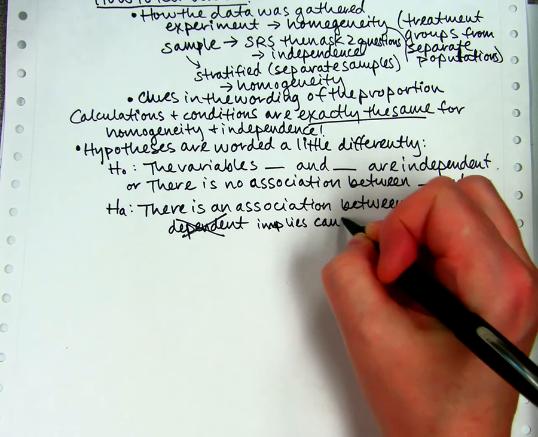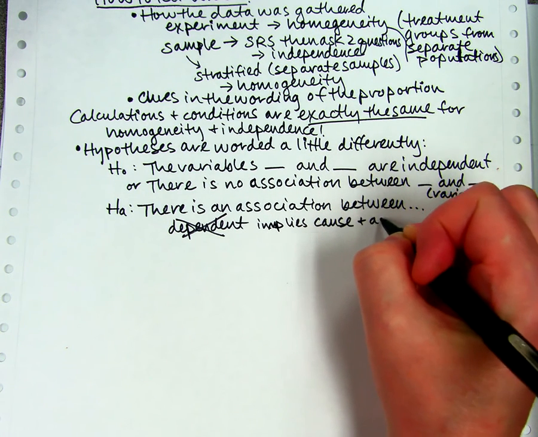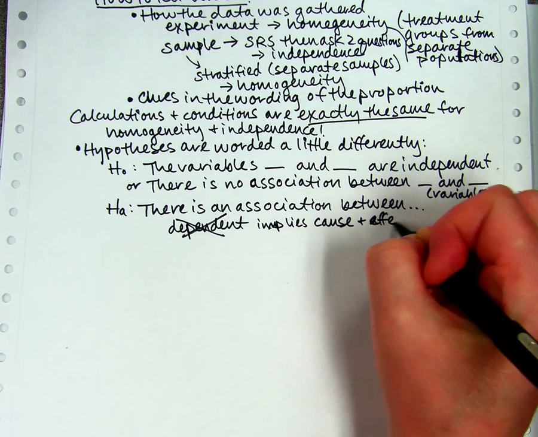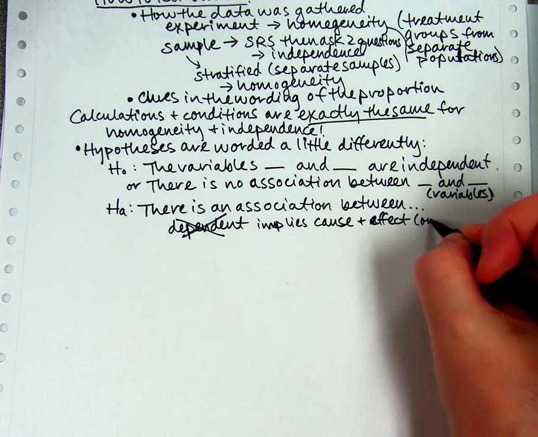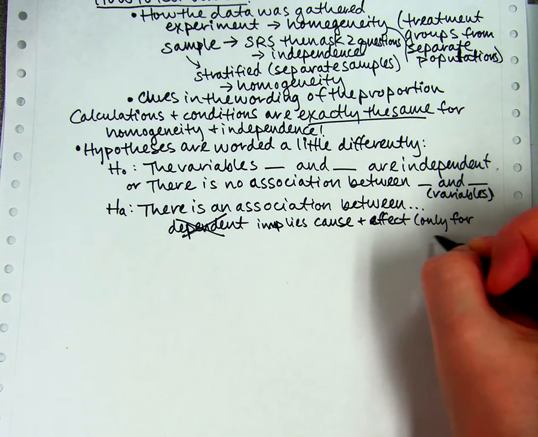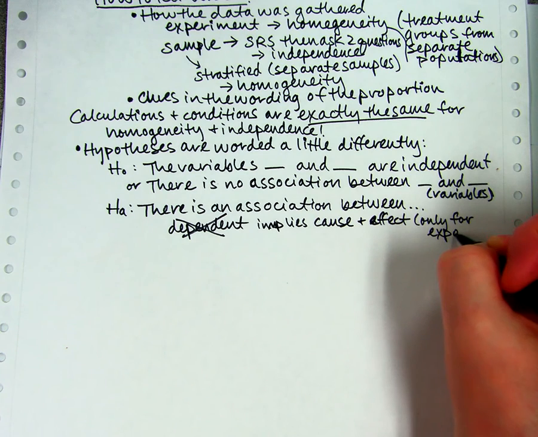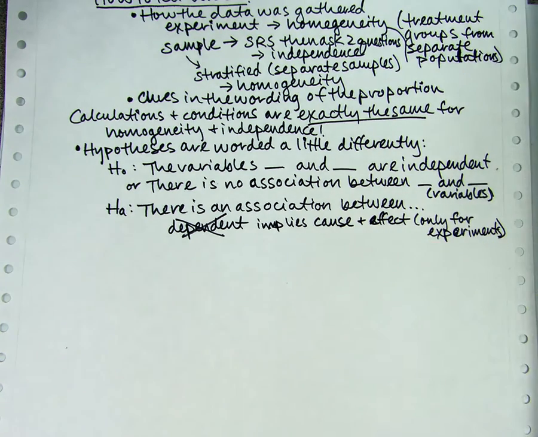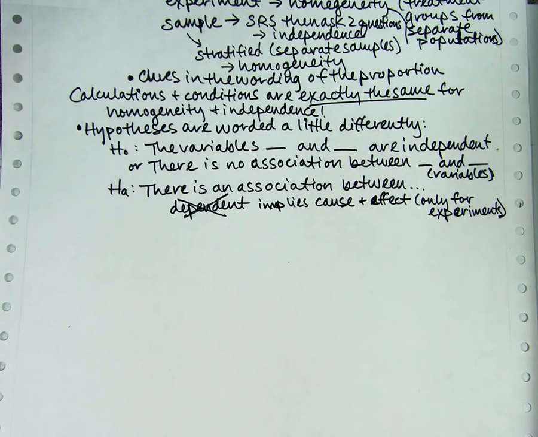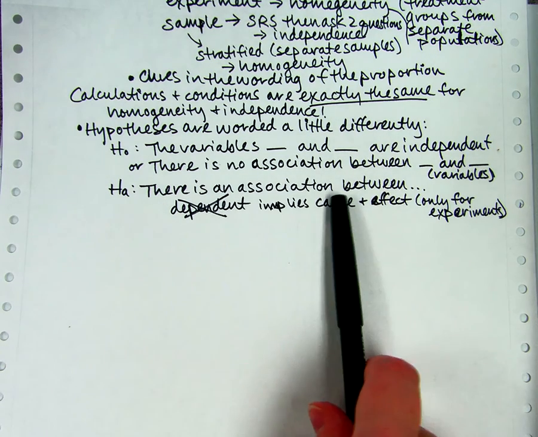I suppose if you did an experiment, it'd be okay to say that, but I think it's better to just never use that word. If you must use it, use it on experiments only. So there is an association works for experiments just as well. I think you should get in the habit of just writing there is an association.